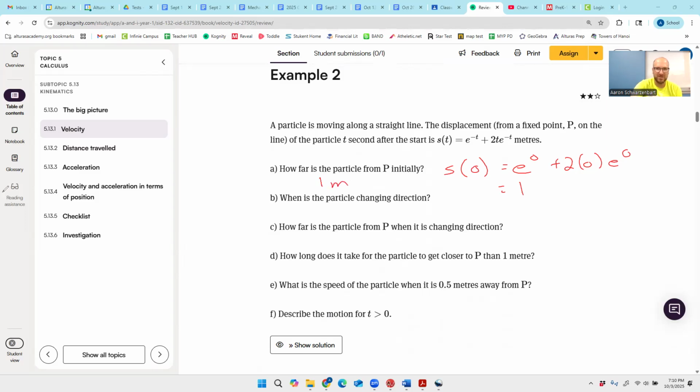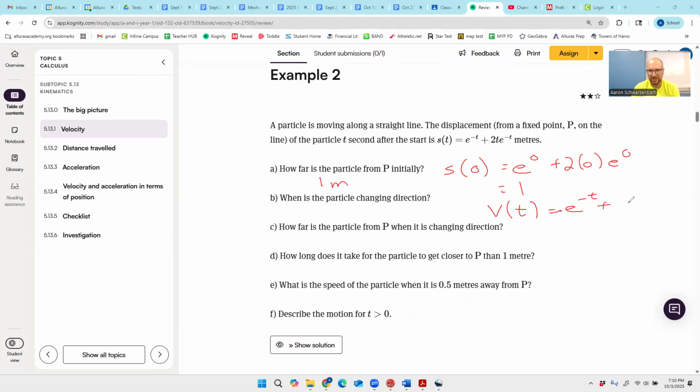When is the particle changing direction? Well, that would be when the velocity equals 0. So probably the easiest way to do this is v of t. The derivative of e to the negative t is e to the negative t times the derivative of the negative t, which is negative 1, so it's negative e to the negative t.